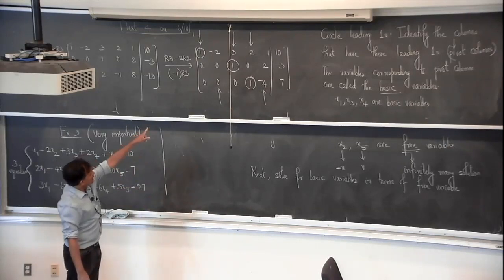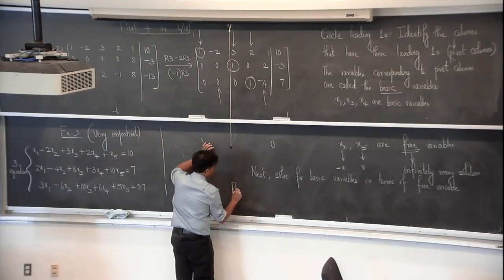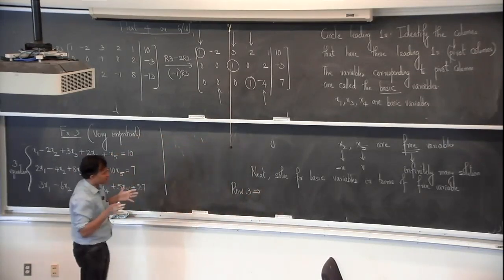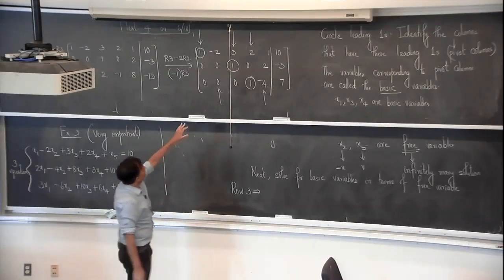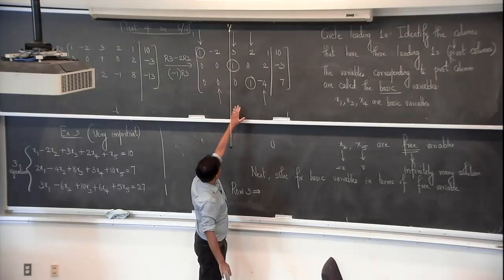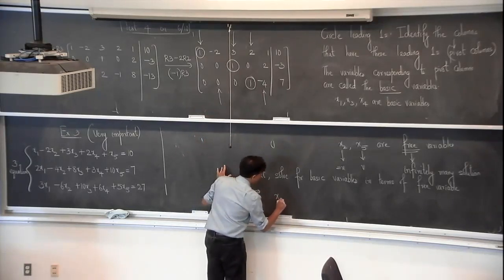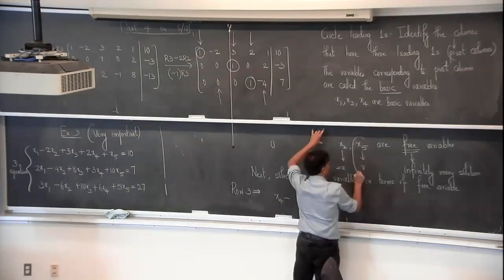So now this is where the REF is useful. Go to row 3. So unlike the previous 2 examples, we are not expecting clean numbers because we've got all these free variables hanging around. So we have 0x1, 0x2, 0x3, x4, which is a basic variable, minus 4 x5. I just denote x5 by v.